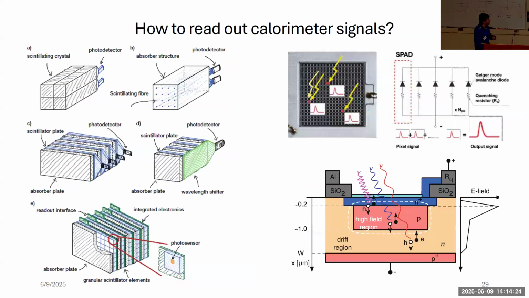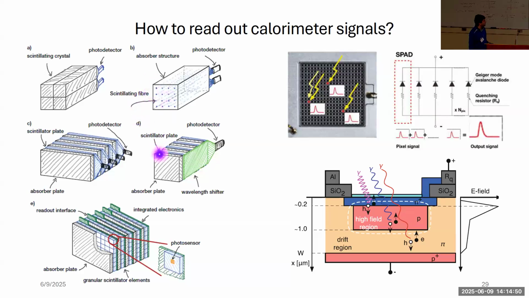So how do you actually read out the calorimeter signals? So basically the idea is you need some kind of light collection device, or some electronics sensitive to, say, ionization loss. So I think for all of these examples, we're thinking about creating scintillator light.